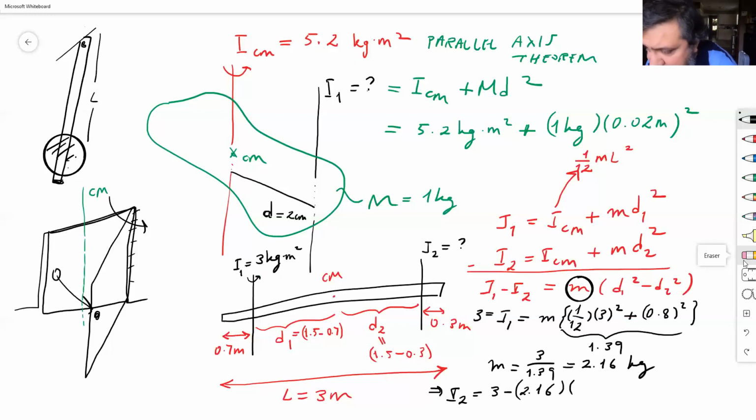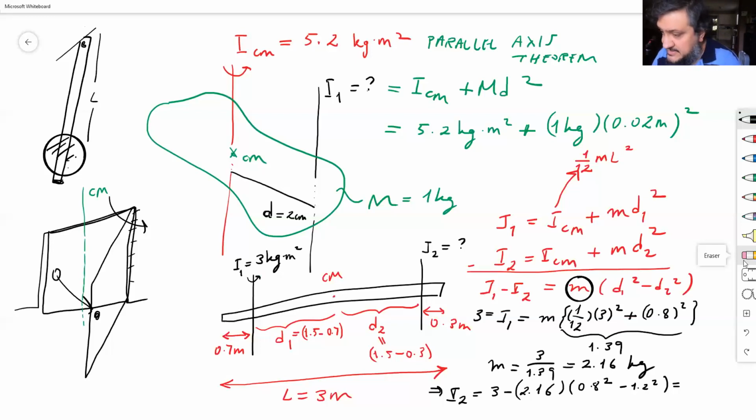D1 squared is 0.8 squared minus D2 squared, that's 1.2 squared. Okay, so 3 minus 2.16 times 0.8 squared minus 1.2 squared. I got 4.728.